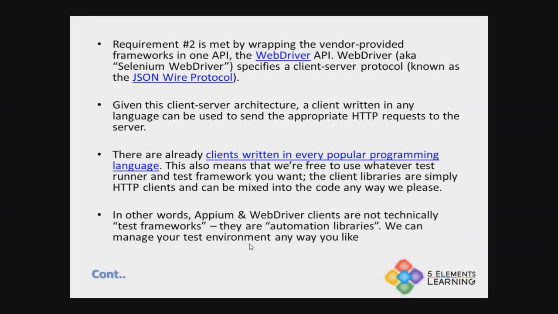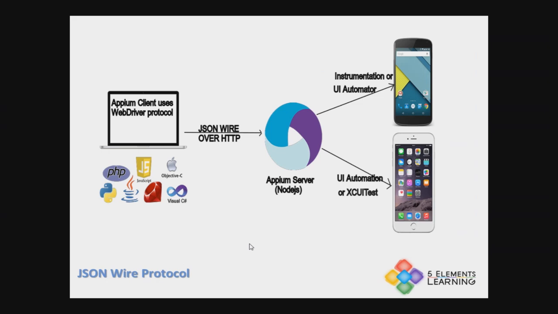So these client libraries were already available for Selenium in popular programming languages, which were just extrapolated for Appium. Appium and WebDriver are not test frameworks, they are effectively automation libraries which facilitate you to manage your test environments the way you like.